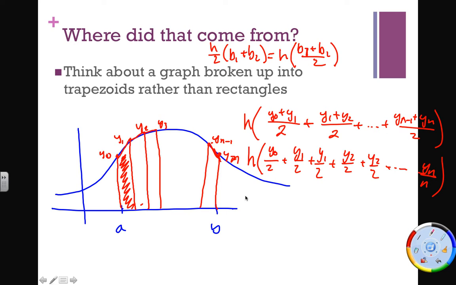Well, you might be seeing this now. If I took h times y sub 0 over 2, I would actually end up with, well, if I have half of something and add another half of something, I'm just going to get the full thing. Plus dot, dot, dot, all the way out to y sub n over 2.